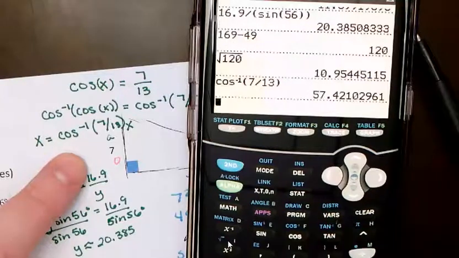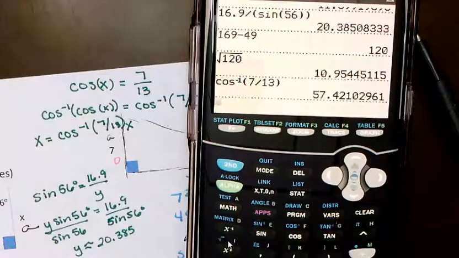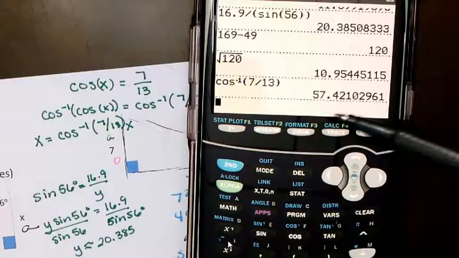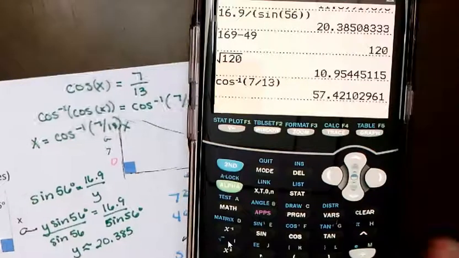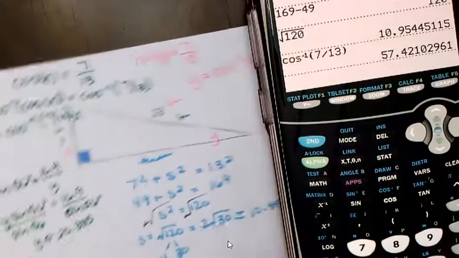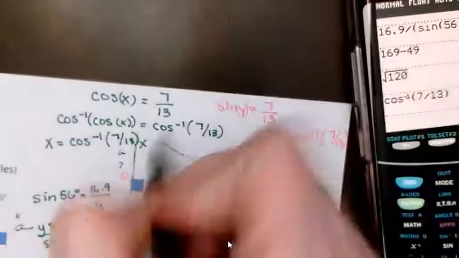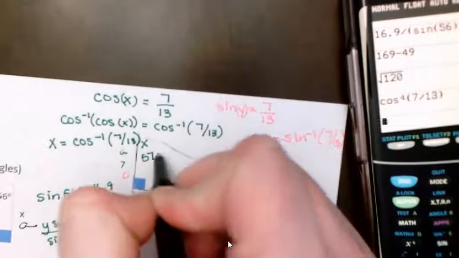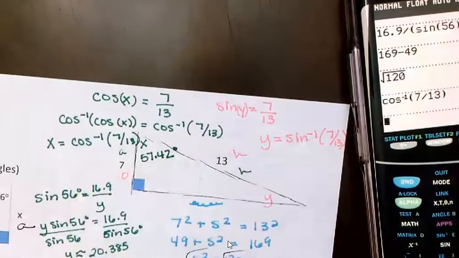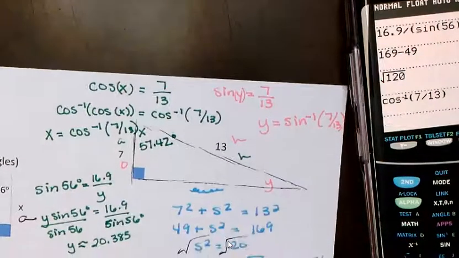Enter. And that gives me 57.421. So I'm going to go to one decimal place with angles. We can go to 2 at some times. So in this case, I'm going to go to 2 just to show the math. So my x angle on my thing here is 57.42 degrees.